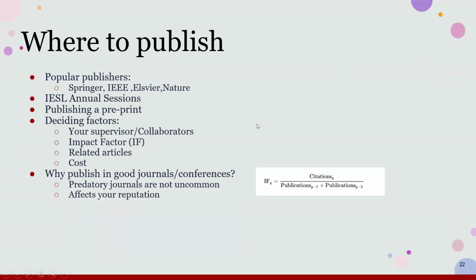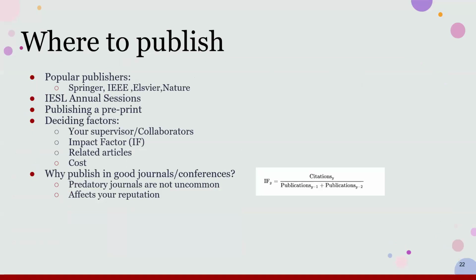One thing we can do is look at the bunch of papers that we are reading at the moment and see where some relevant articles have been published already. For example, there are popular publishers such as Springer, IEEE, and of course Nature, which are considered very well reputed publishers, and we can consider being published with them.